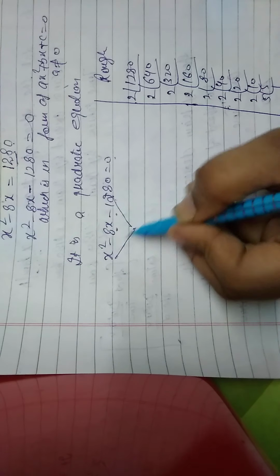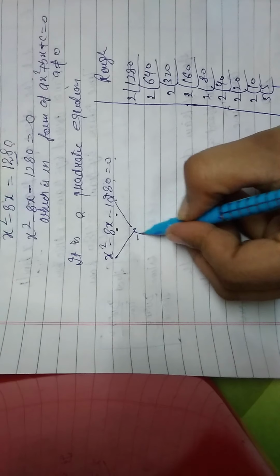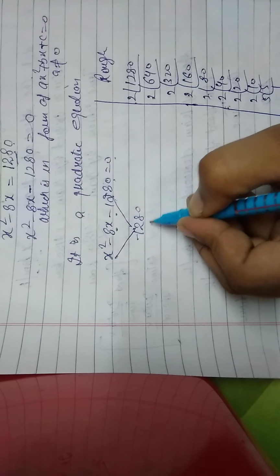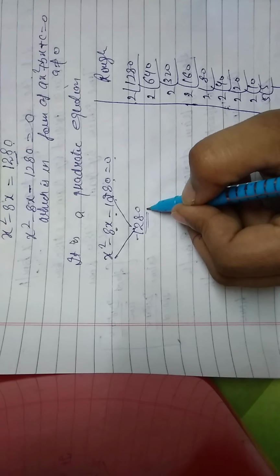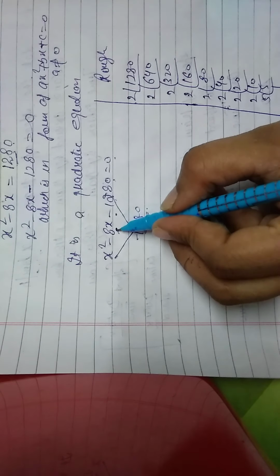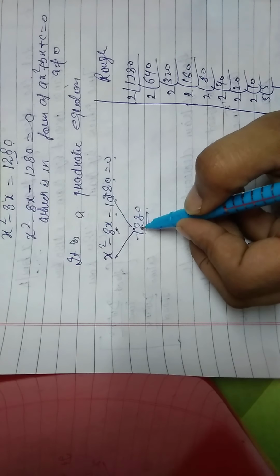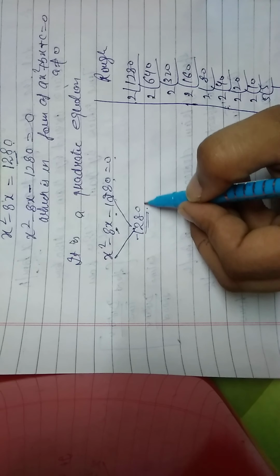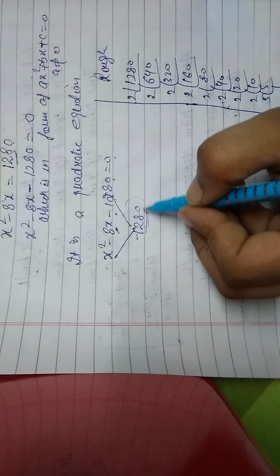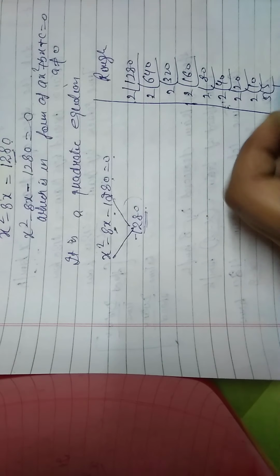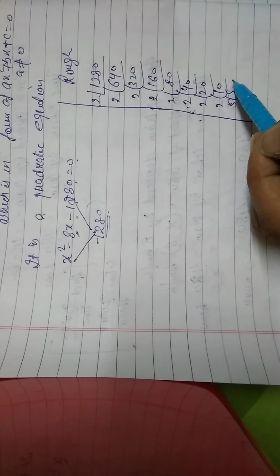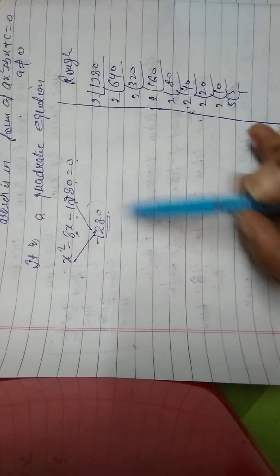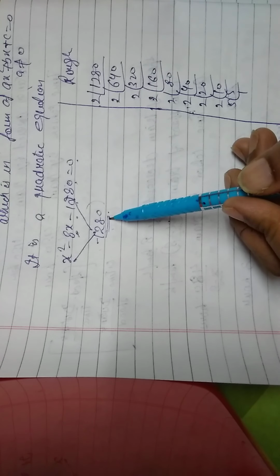We have to multiply the first and last terms, that is minus 1280. We want two numbers whose product is 1280 and difference is 8. To find the two numbers, we first make the factors of 1280 in rough work and arrange these factors into two numbers whose difference is 8 and product is 1280.